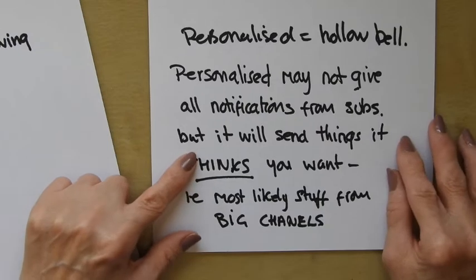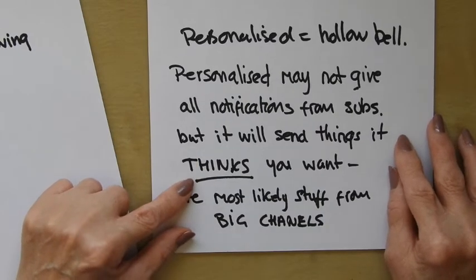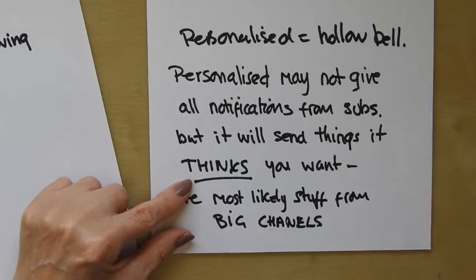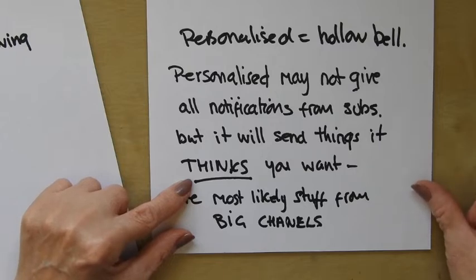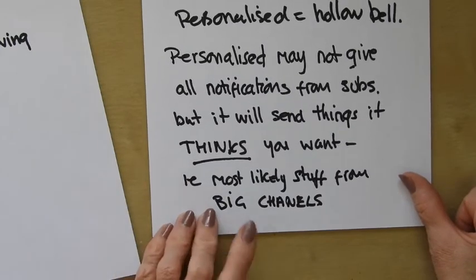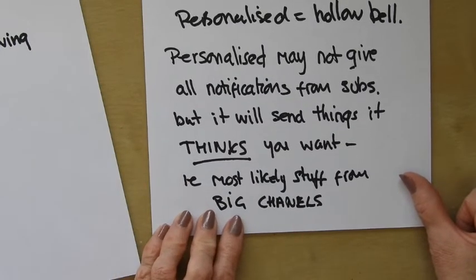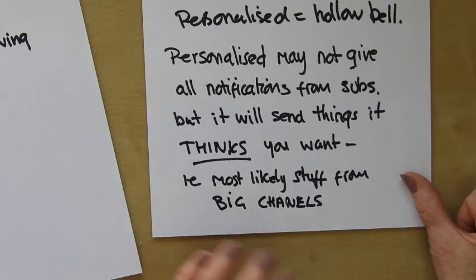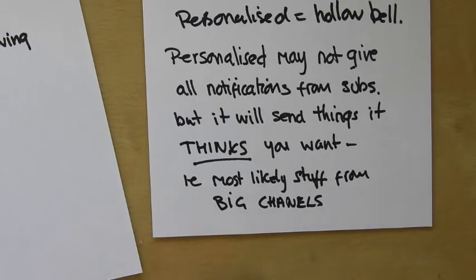What it will do, however, is send you things that it thinks you want. It's rather like your suggested video list in your home page. You might want to watch. But because of the metrics of this, it's most likely going to give you stuff from the big channels and leave the little guys out of it.